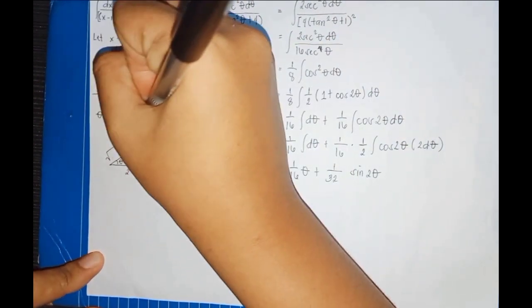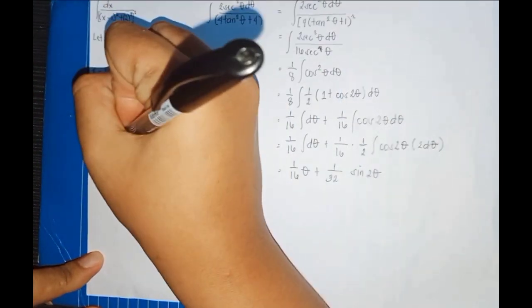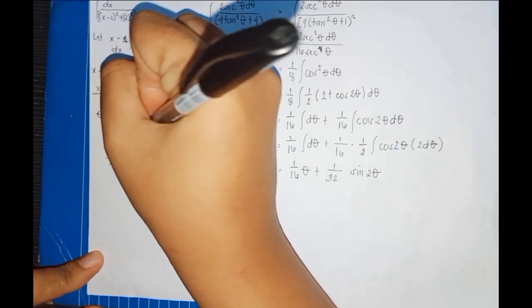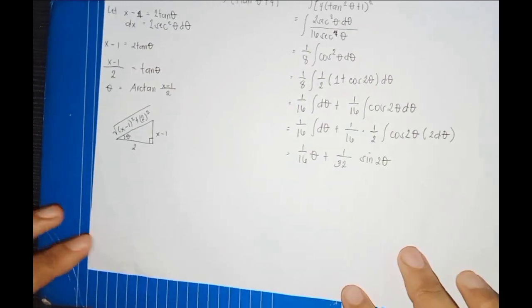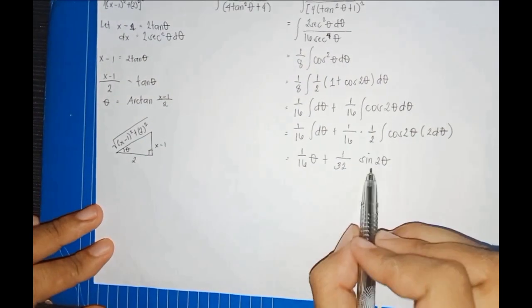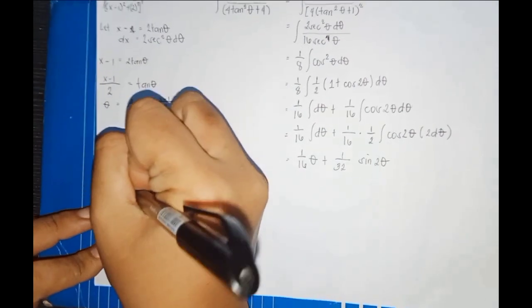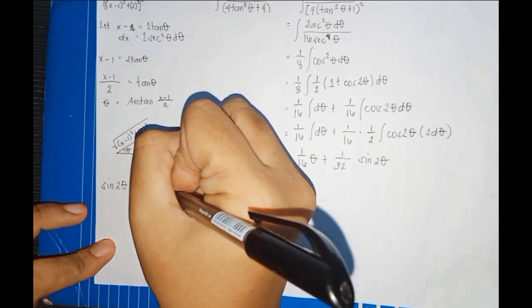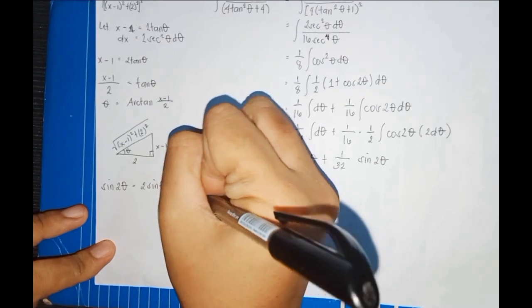Okay, so we have here the square root of the denominator, so x minus 1 squared plus 2 squared, like that. So our sin 2 theta will be 2 sin theta cos theta.